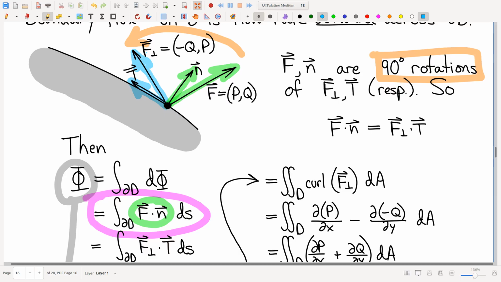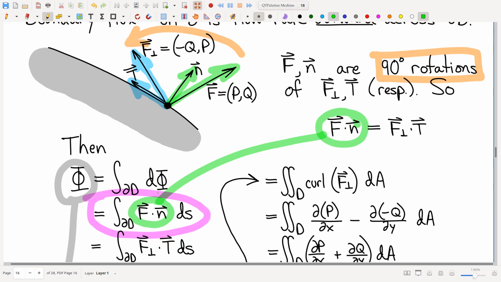So now, can I just go around rotating vectors? Is that fair? Is that legal? Well, keep in mind, all I'm interested in is this dot product, F dot n. I just want to rewrite F dot n. When you rotate a pair of vectors, the magnitudes don't change, and the angle between them doesn't change.